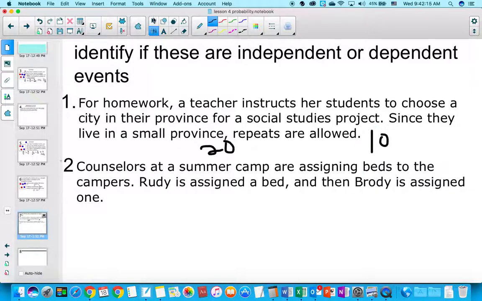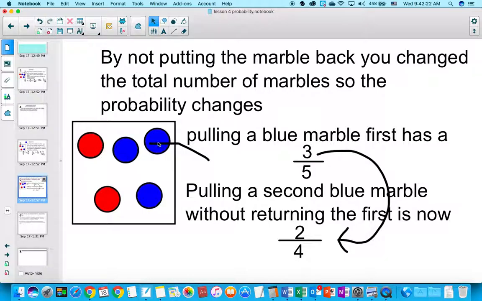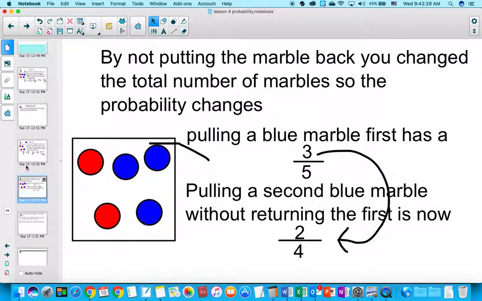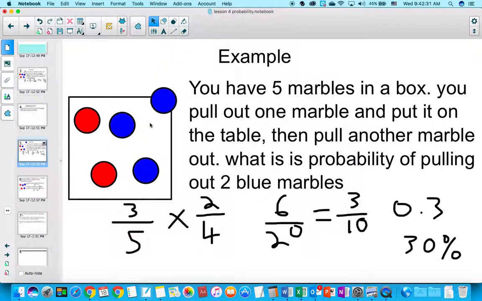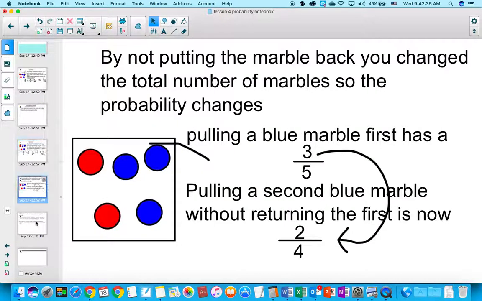It would be dependent if repeats were not allowed. It would be like having a marble where each marble was a city. If you weren't allowed to repeat the city that another student chose, then you're taking away that city out of the total number of cities you could pick.